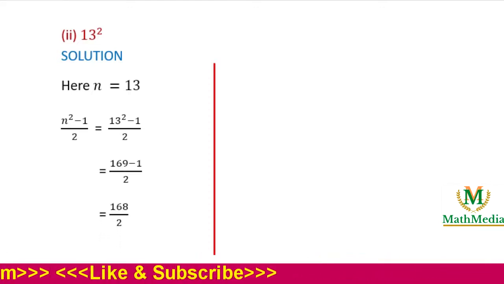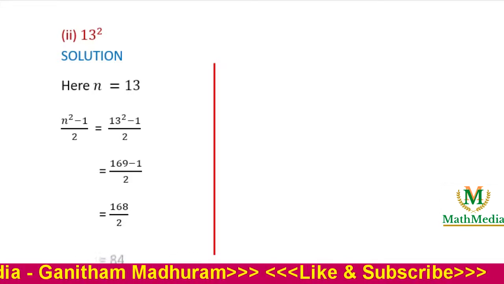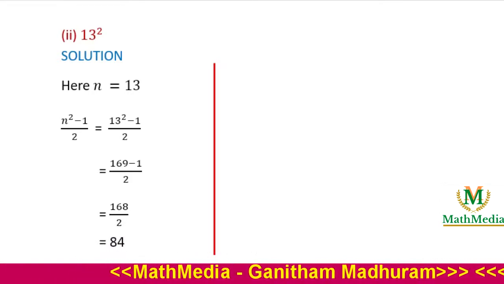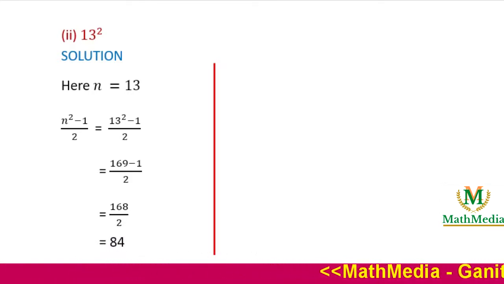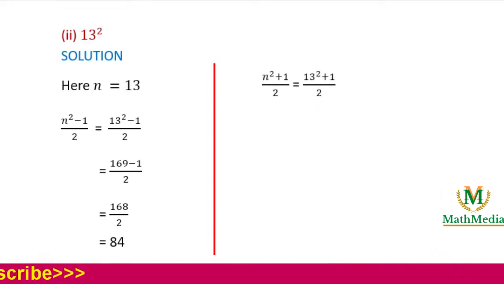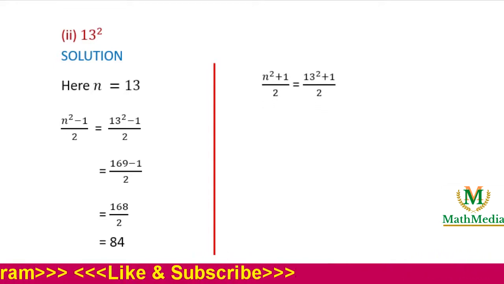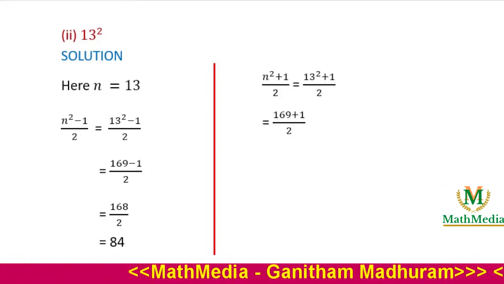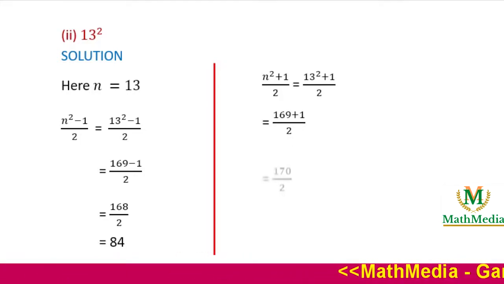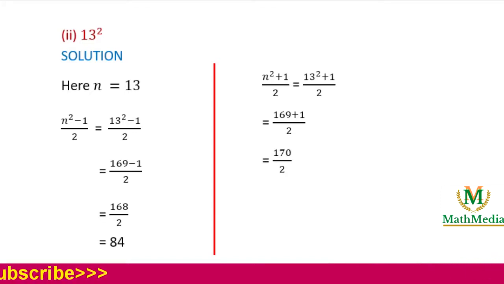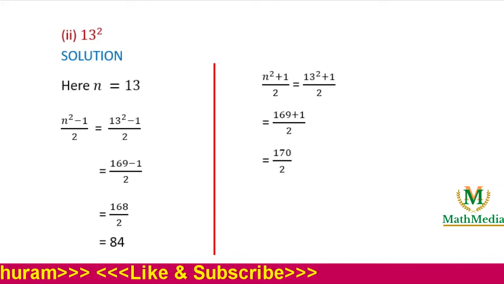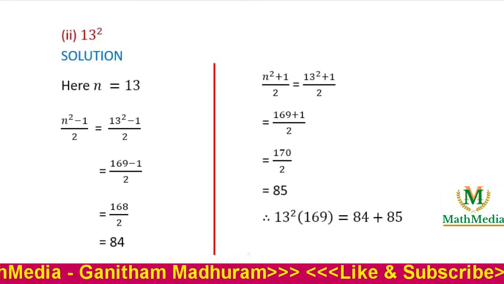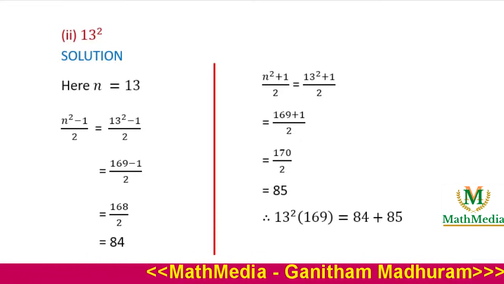While dividing we get 84. So what will be the next number? 85. So by formula (n square plus 1) upon 2 equal to (13 square plus 1) upon 2, that will be 170 upon 2 equal to 85. Hence 13 square, that is 169, equal to 84 plus 85.